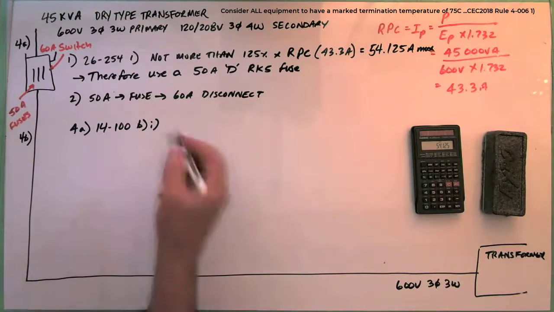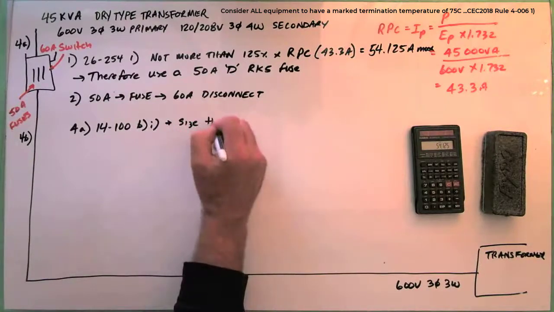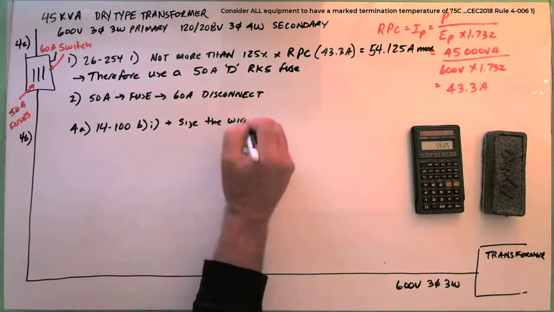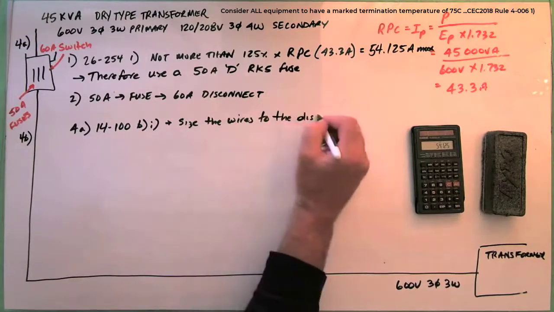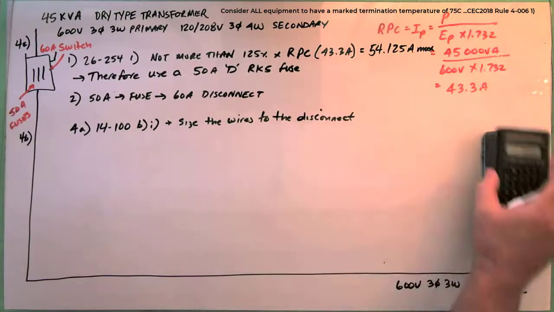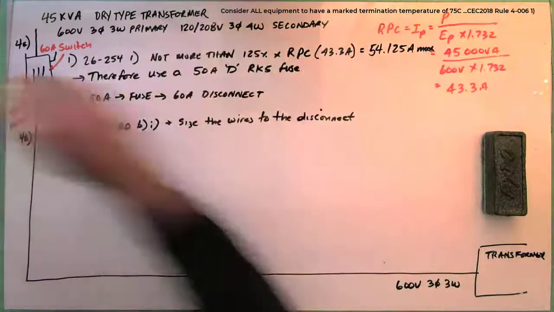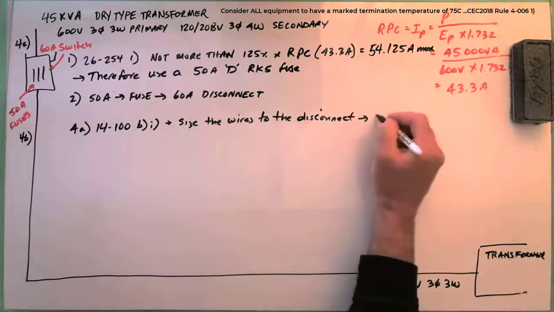Which means, size the wires to the disconnect. What disconnect did I use? 60 amp.